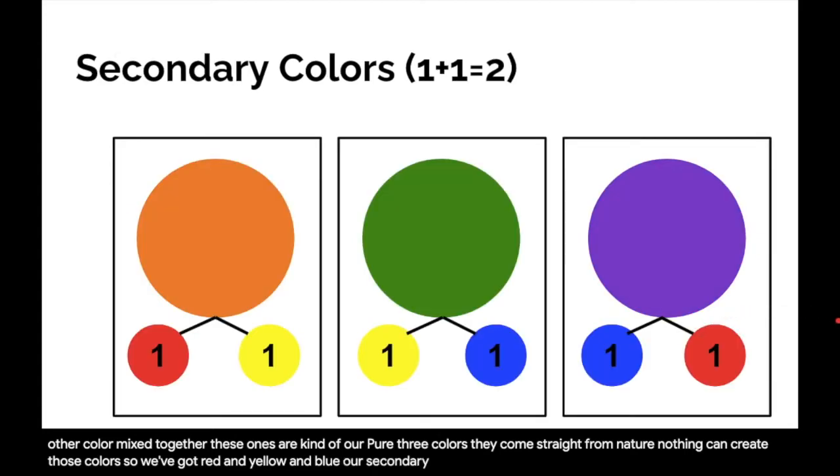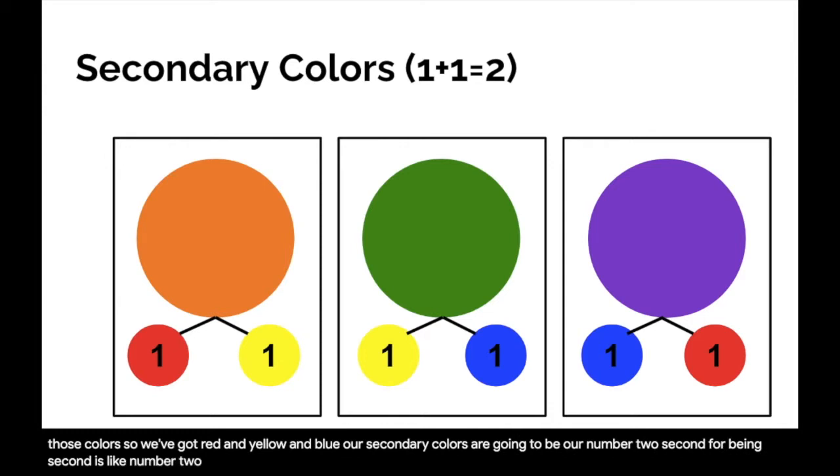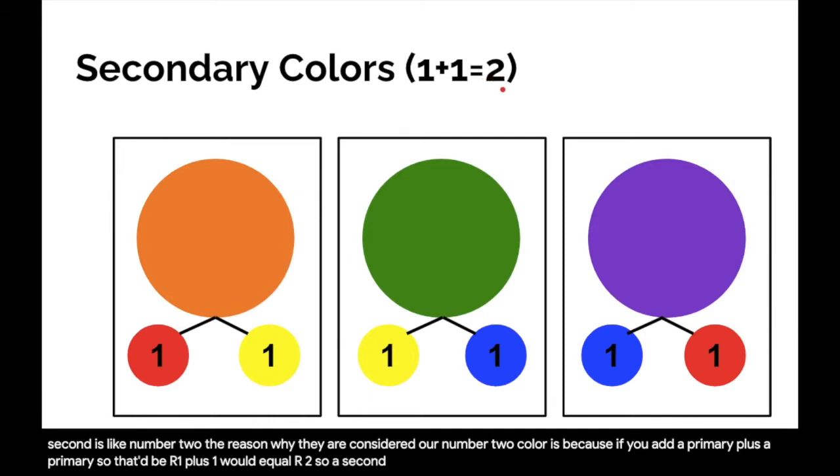Our secondary colors are going to be our number 2. Second, for being second, is like number 2. The reason why they are considered our number 2 color is because if you add a primary plus a primary, so that'd be our 1 plus 1 would equal our 2. So a secondary is made when 2 primaries are mixed together.